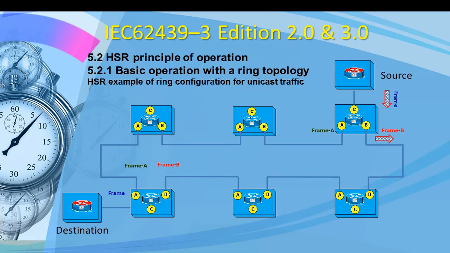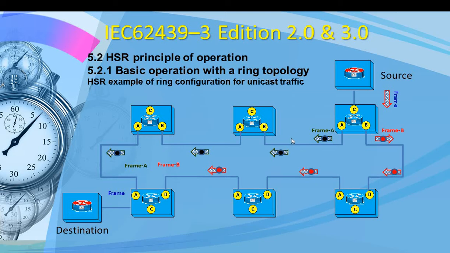The source sends the frame out to the HSR red box. The HSR red box sends out 2 different copies in 2 different directions. The first one is called the A direction, the second one the B direction. The frames in the A direction and the B direction are exactly the same, except for the HSR tag.